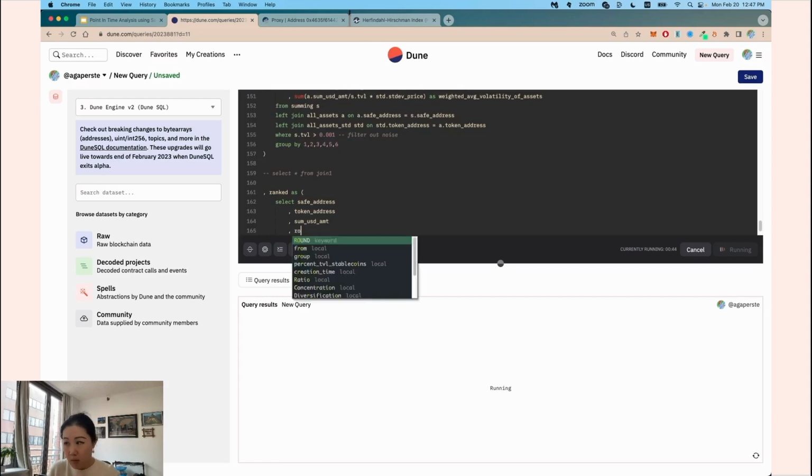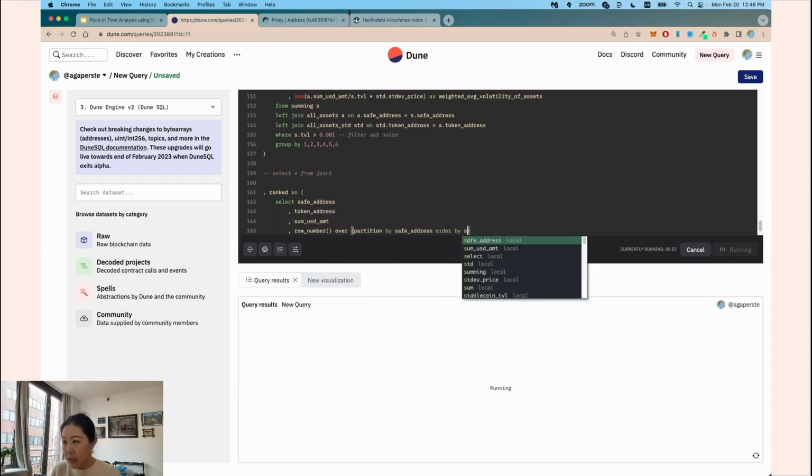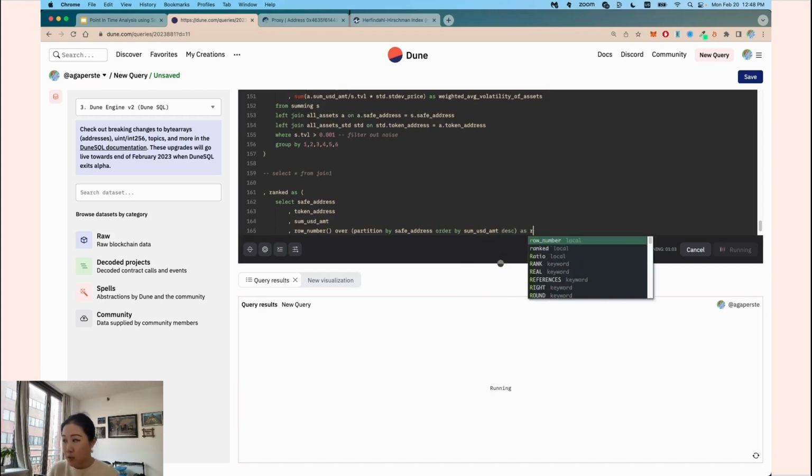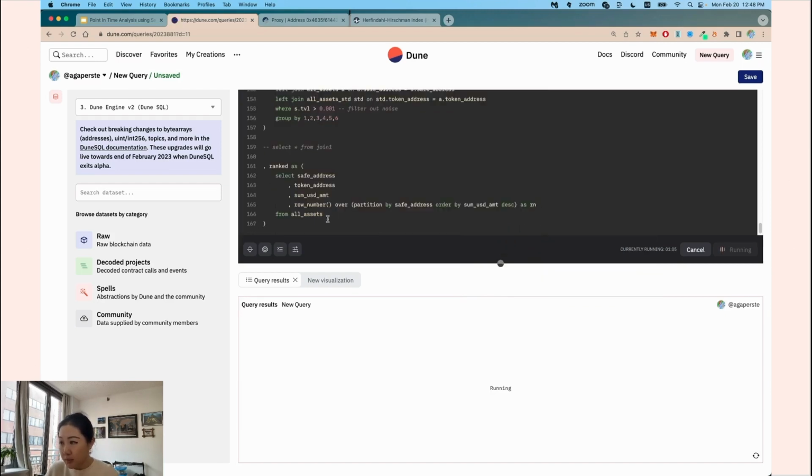And then we want to apply a window function. So we will do a row number function over, what are we partitioning by? Partition by the safe address, and then order by the sum USD amount within the safe address in a descending manner. And then this will be our row number.